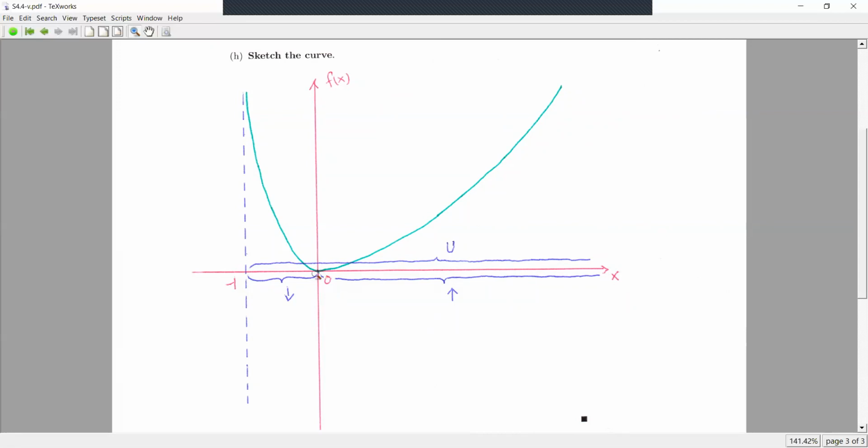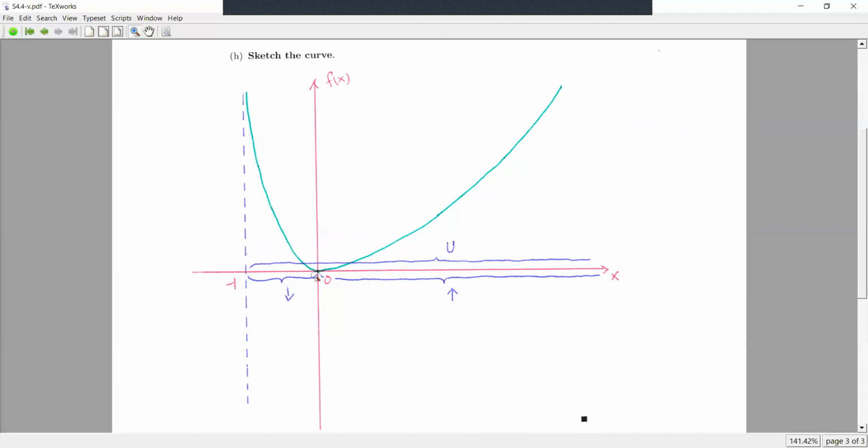Now sketch the graph of the function f piece by piece. First, from -1 to 0, the graph is concave up and decreasing. And also, this vertical line is a vertical asymptote. So the graph looks like this.